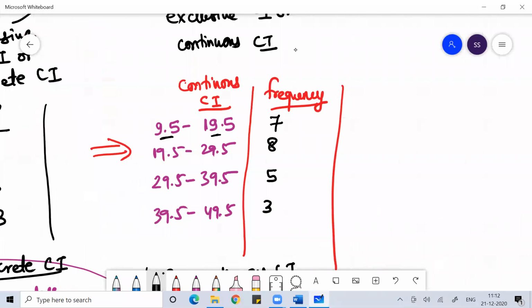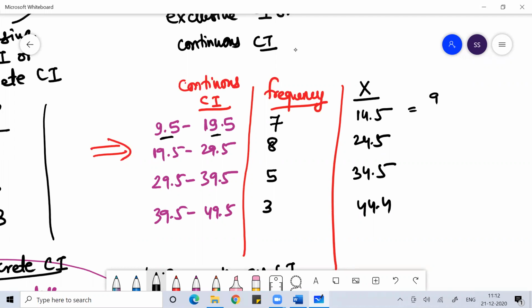Normally we represent the class mark with the symbol x. So here the class mark would be, 9 plus 19 is 28, so 14.5. This would be 24.5. This would be 34.5. This would be 44.5.